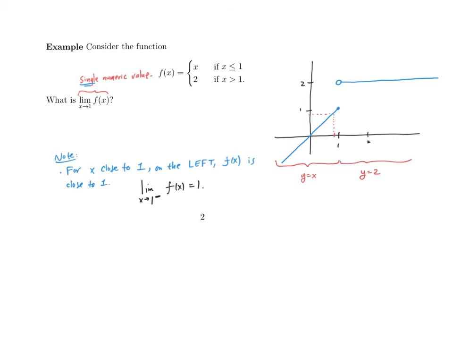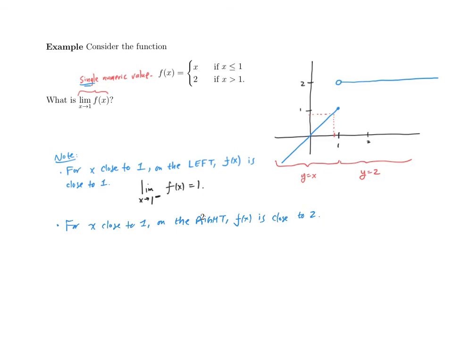And note, we've superscripted this with a minus sign because when we think minus, we're really thinking negative or to the left. So the limit as x approaches 1 from the left of f of x is 1. Now note, we can make a similar observation from the right. So we could say for x close to 1, on the right-hand side now, f of x is, I want to say close to 2, but it's actually even equal to 2. You can make a stronger statement.